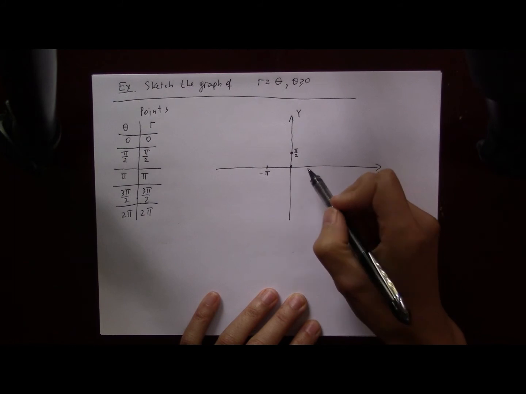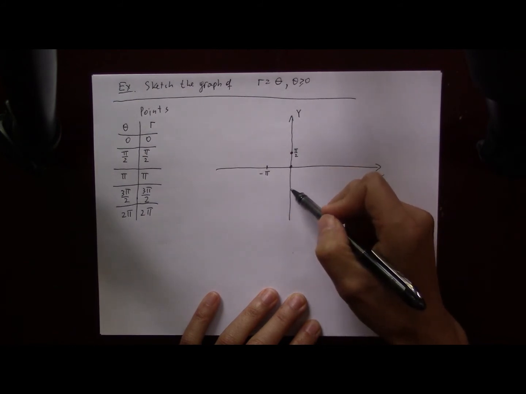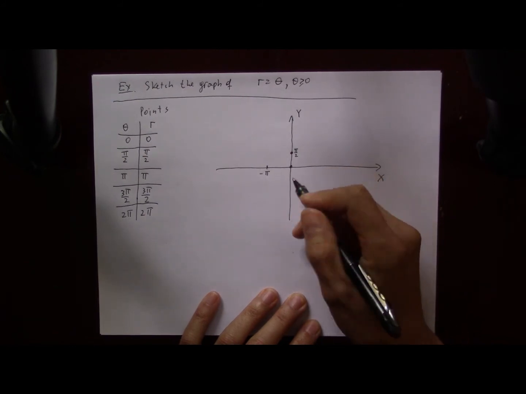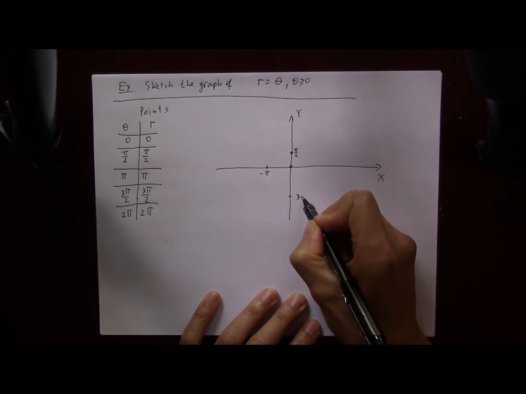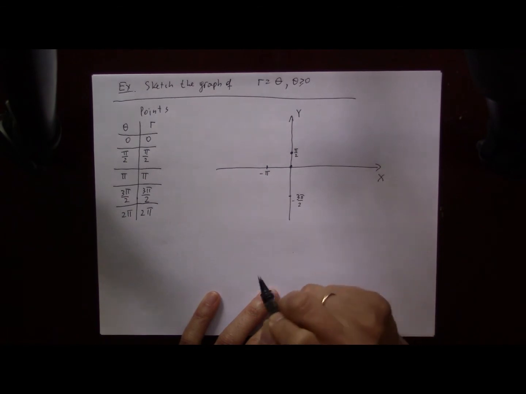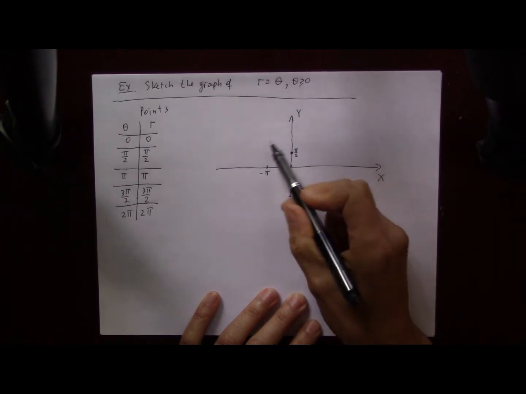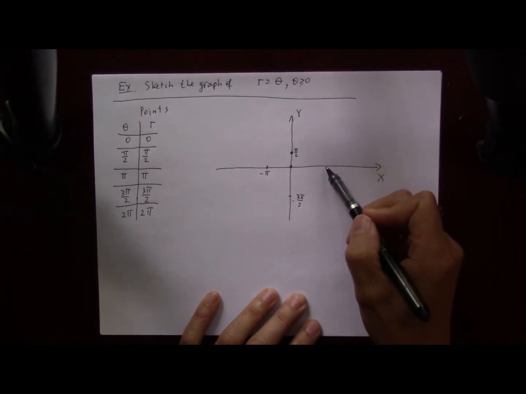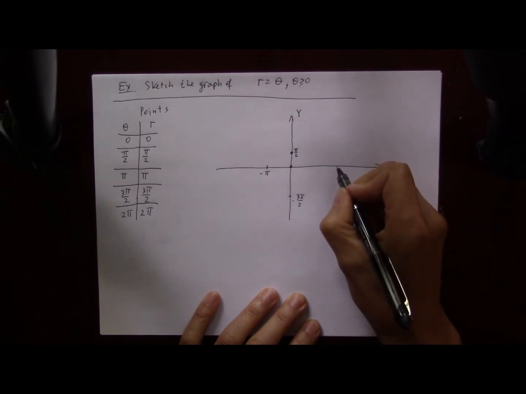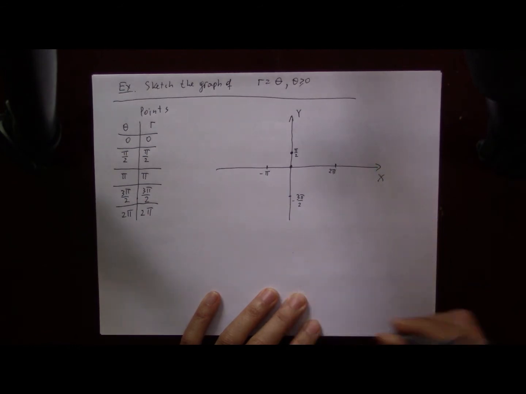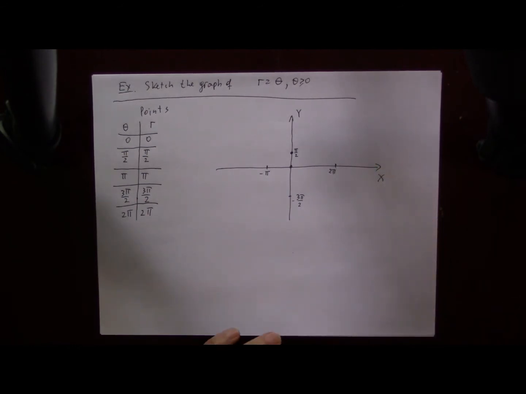Then the angle is 3 pi over 2, on the negative part of the y-axis, and r is 3 pi over 2. And when the angle is 2 pi, we're back to the positive x-axis, and here we have to mark distance 2 pi.